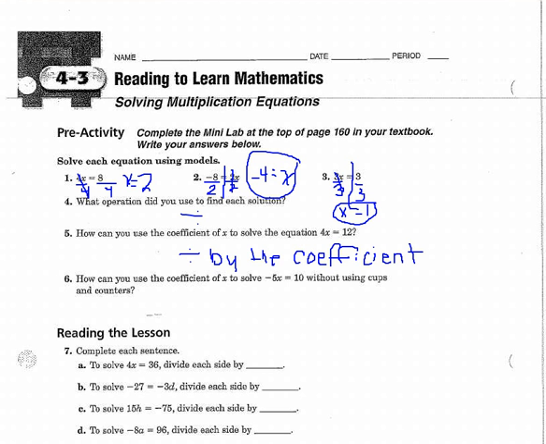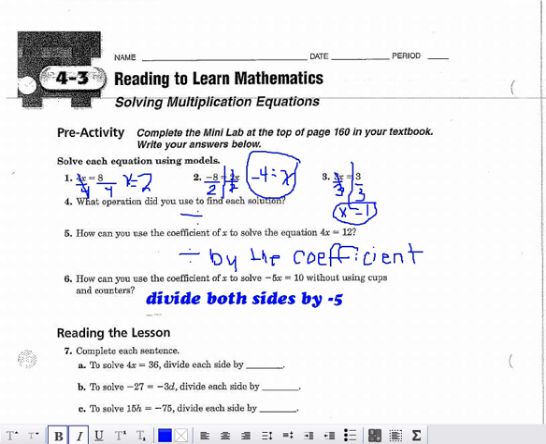How can you use the coefficient of x to solve negative 5x equals 10 without using cups and counters? Since we've been doing this algebraically already, you should be able to answer this question on your own. That's right, you just divide both sides by negative 5.